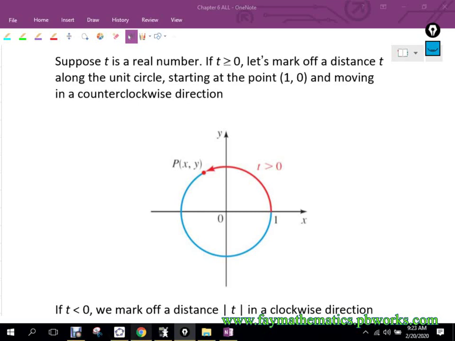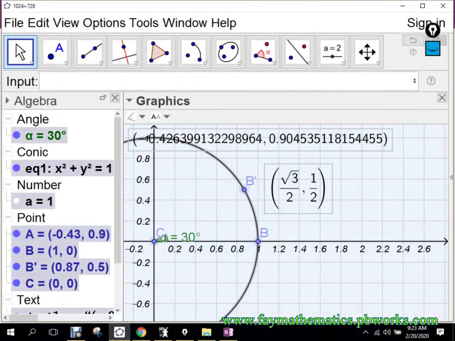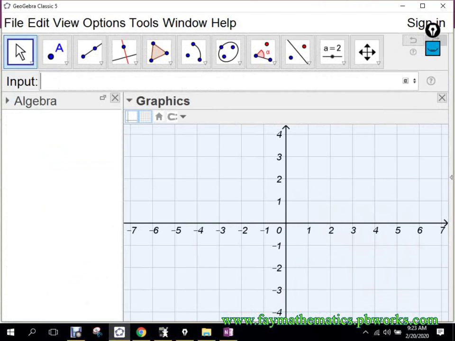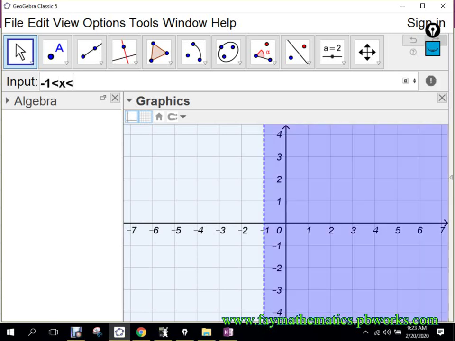What I need you guys to understand, every single time you do a problem like this, you are working in this region. Negative 1 less than x less than 1.